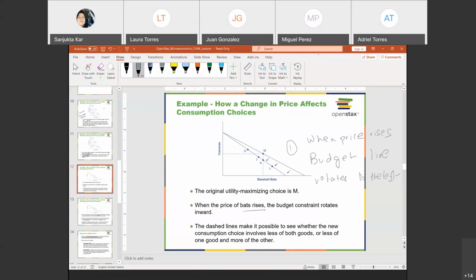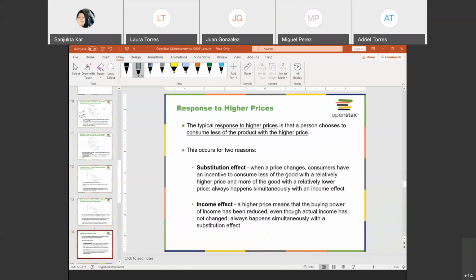And however, number 2, when price falls, the budget line, this one will rotate to the right. So if the price falls, the budget line is going to rotate to the right here. All right, so that's quite straightforward here.